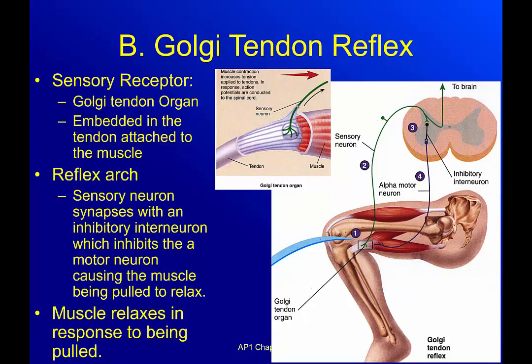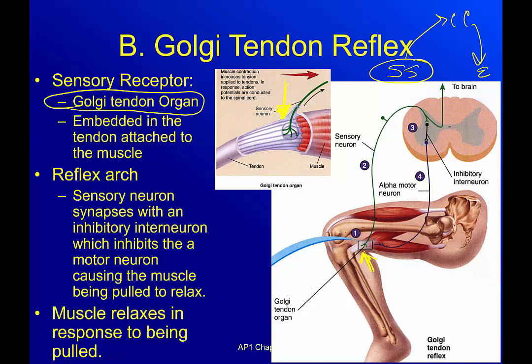So, we call it the Golgi tendon reflex because the sensory receptor that's here, control center, effector, this is actually embedded inside of a tendon. So, we call that the Golgi tendon organ. It's embedded in the tendon attached to the muscle below your leg. It's down here, okay?